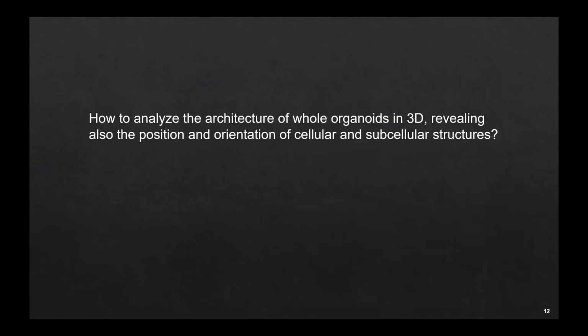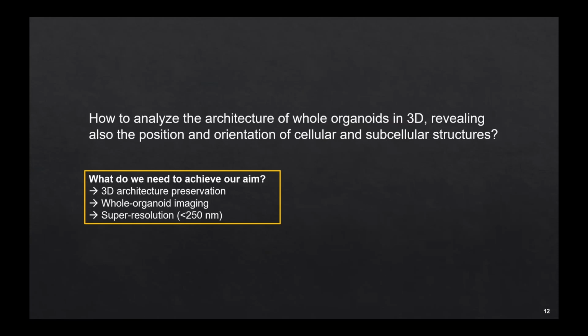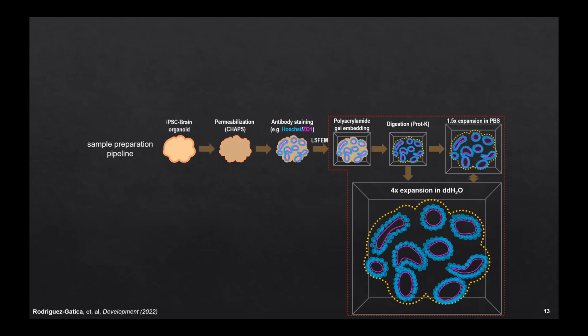Let's say that we want to have the complete information of the organoid in 3D, but also be able to have cellular and subcellular resolution. So we need to preserve the 3D architecture, be able to image the complete organoid, and still have super resolution features. This is more or less how the pipeline looks in our case.